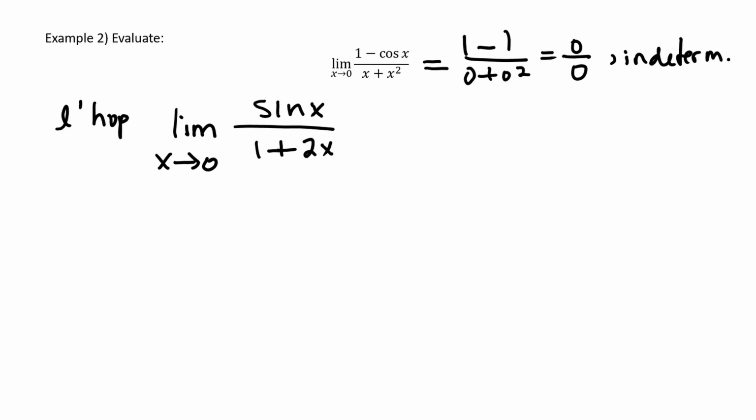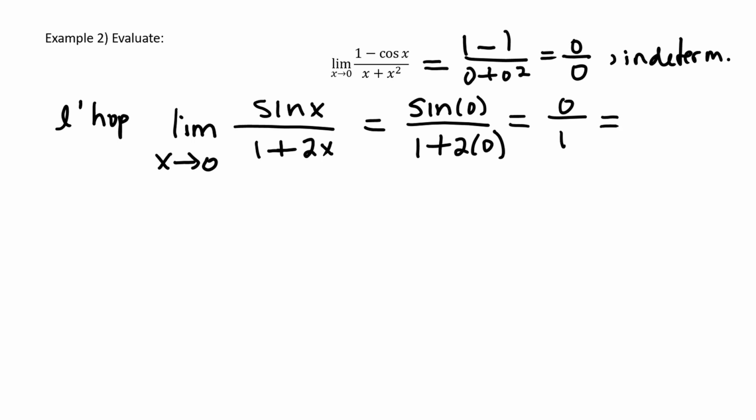Now, let's evaluate. We get sine of 0 divided by 1 plus 2 times 0. Sine of 0 is 0, and that's divided by 1, so the limit is 0.